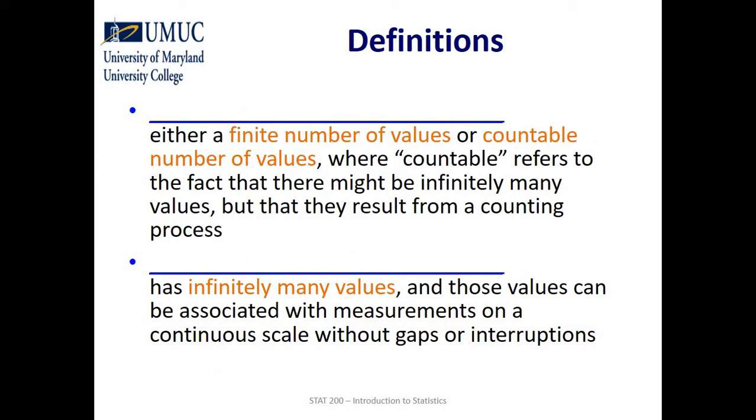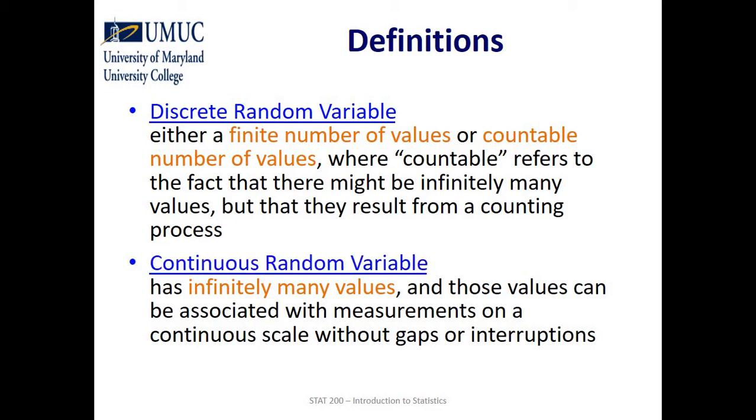There are two types of random variables. There's a discrete random variable, which has either a finite number of values or it has a countable number of values. And by countable, I mean it can be an infinite number of values, but we can count each one individually. We can line it up with the number line. A continuous random variable has infinitely many values. Those values can be associated with measurements on a continuous scale without gaps or interruptions.